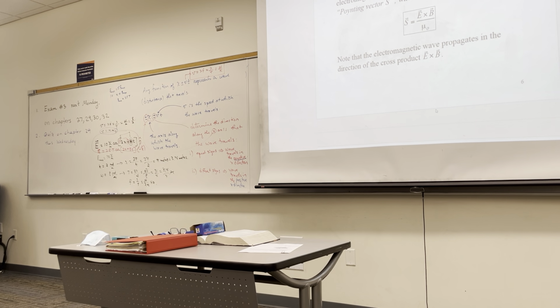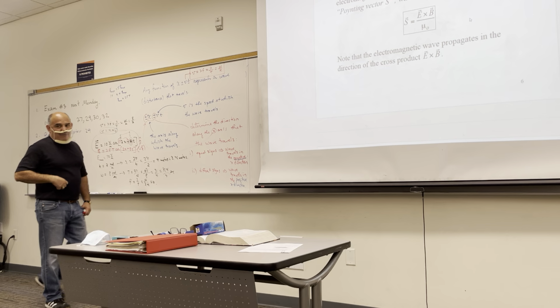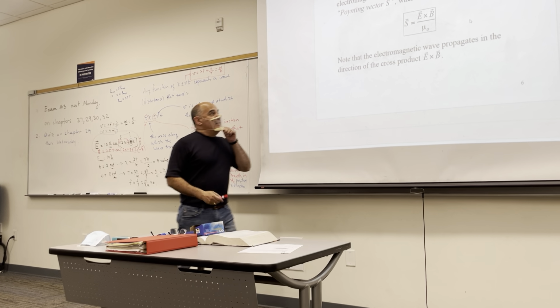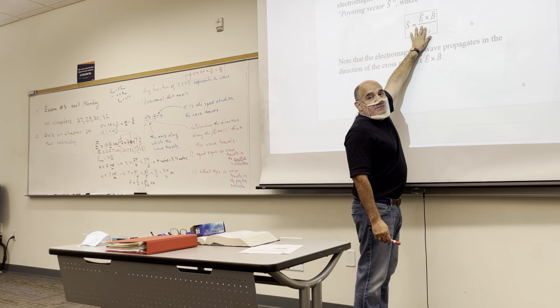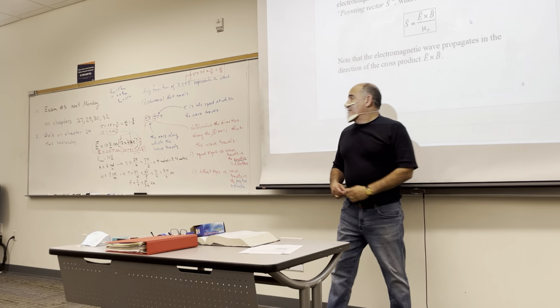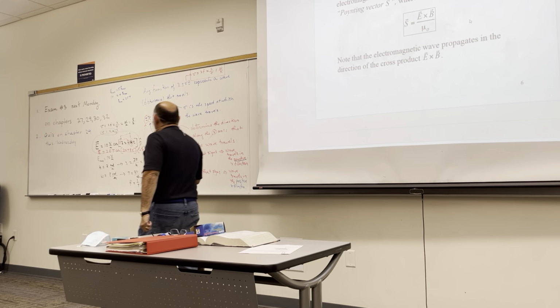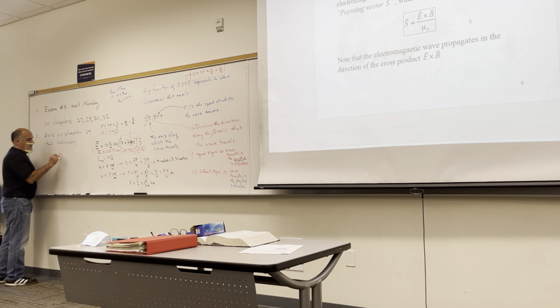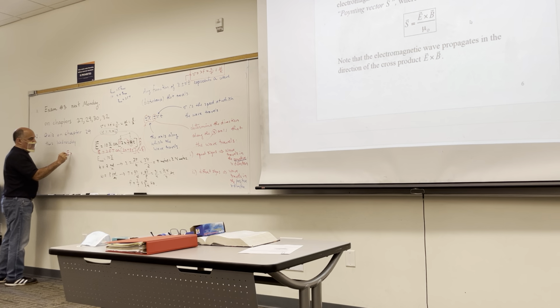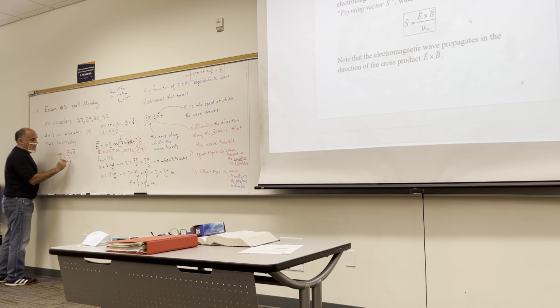So Mr. Poynting wrote this expression for a vector S that points in the direction that the wave travels. Now the units of this are the units of S. So we have S, it's E cross B over mu naught.